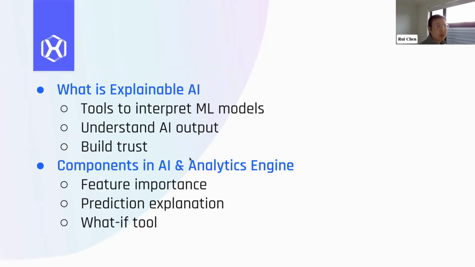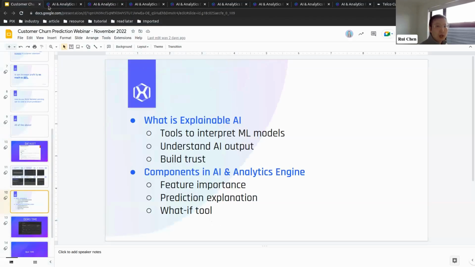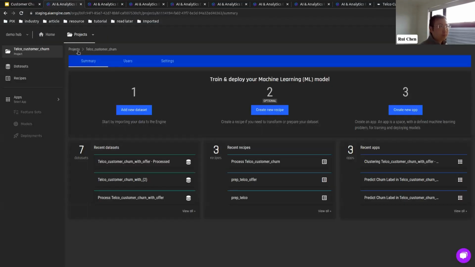In the engine, we mainly use 3 sections to help users understand models: feature importance, prediction explanation, and what-if tool. We'll talk about the details while going through the engine later. Now let's see how the engine can help handle the task of customer churn step by step.